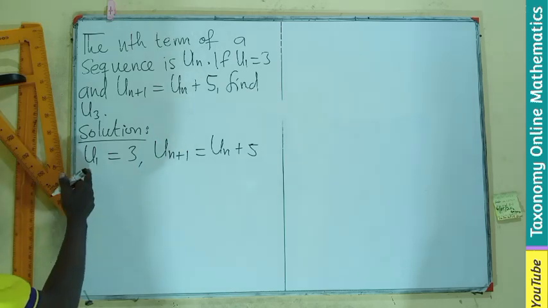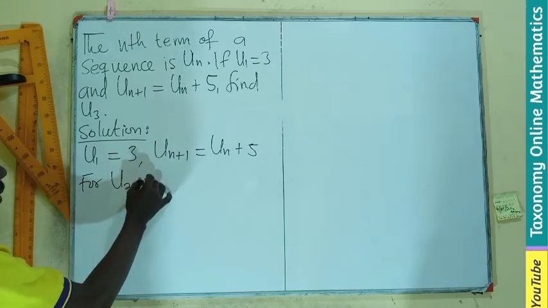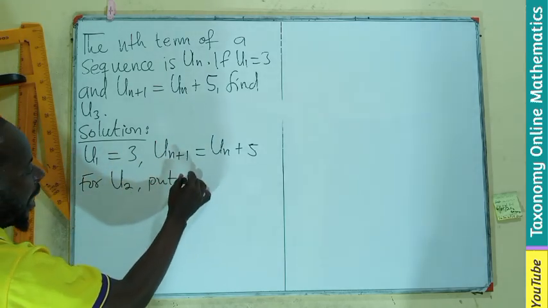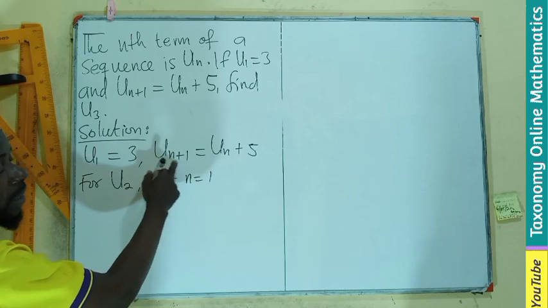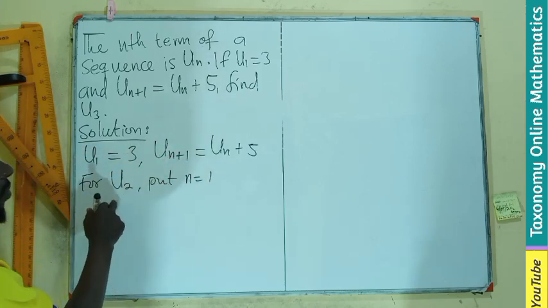In order to find the second term, we put our n equals 1. When n is 1, n plus 1 gives you the 2 we have here.